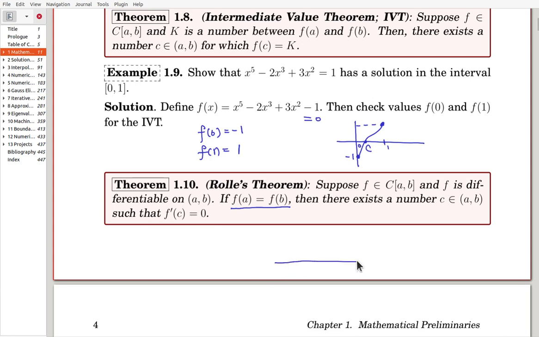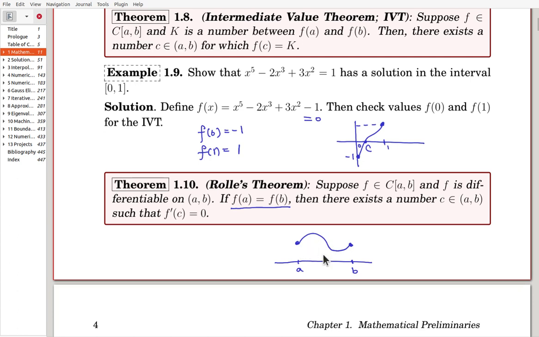This is now the x-axis, and here we have a, here we have b. The function value at a and the function value at b are the same. Now f is continuous and differentiable, so the curve must be smooth. Let's say such a smooth curve.